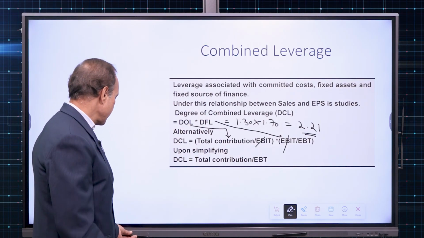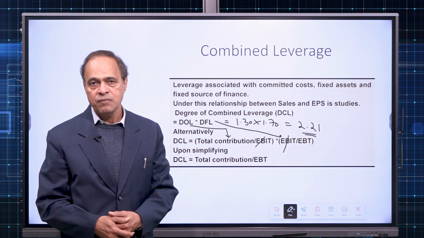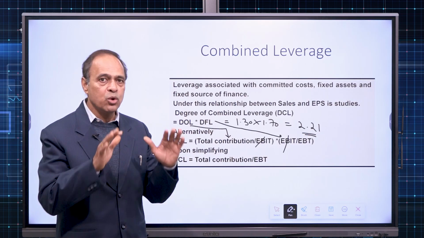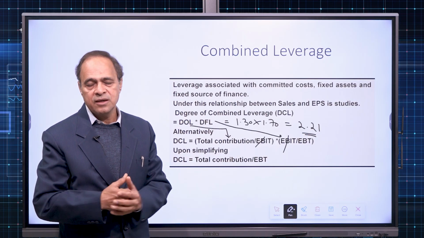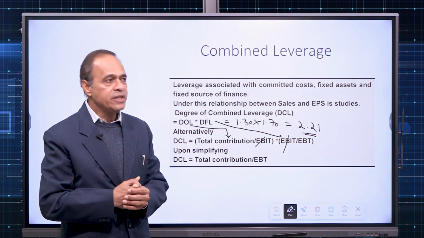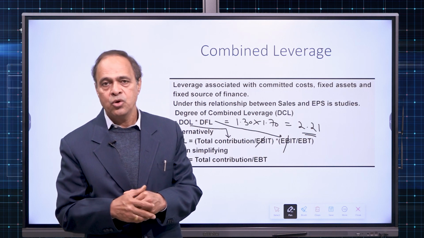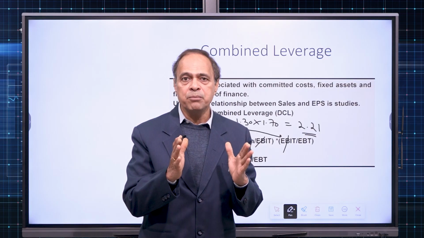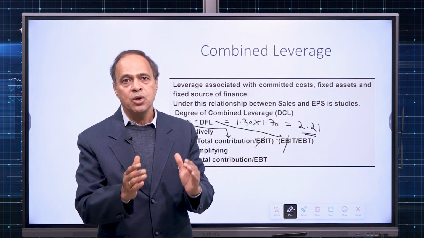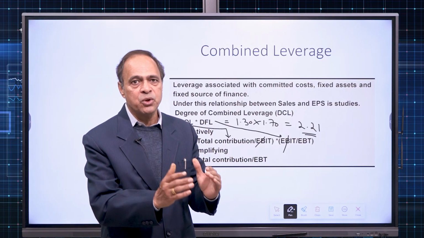So in general, when both the leverages are high, combined leverage will be high, so total risk will be high. When both the leverages are low, combined leverage will be low, definitely risk will be low. So in that way, we see that leverage helps me in studying operating risk, resulting from the fact that company might or might not be able to perform in the market, might or might not be able to sell its product in the market.